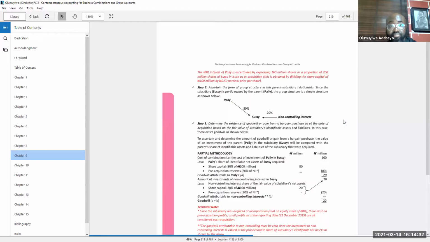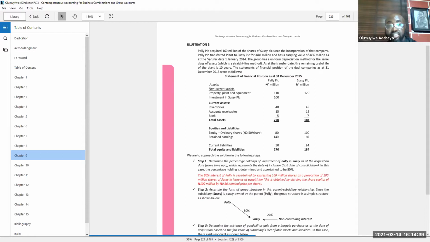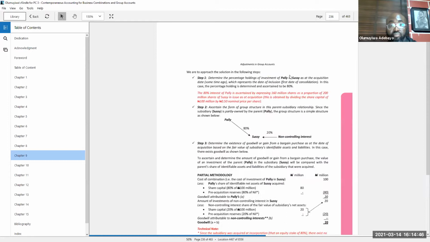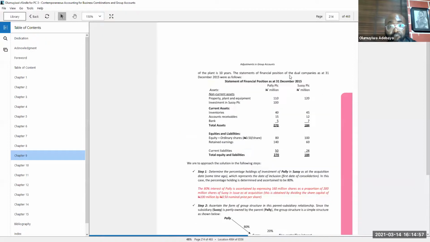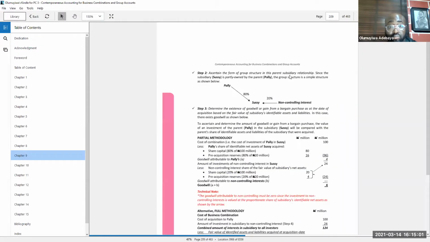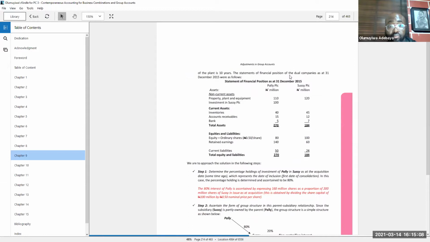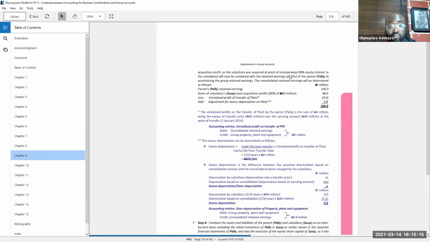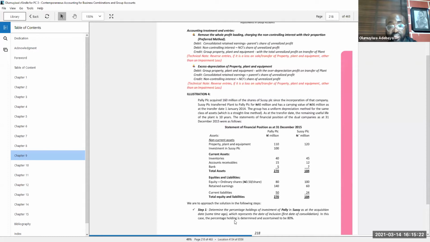The same question, but what would be the situation if reverse is the case?